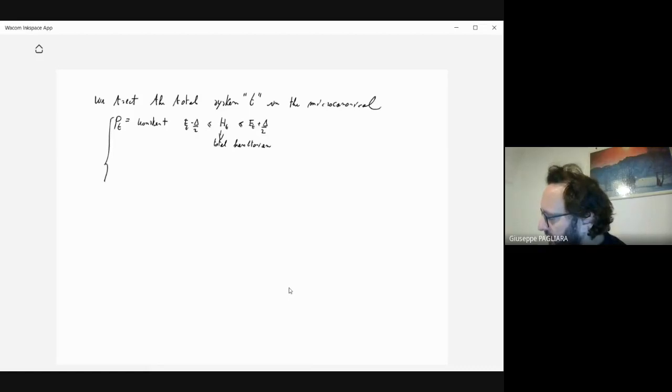Whereas rho of T is equal to 0 elsewhere.